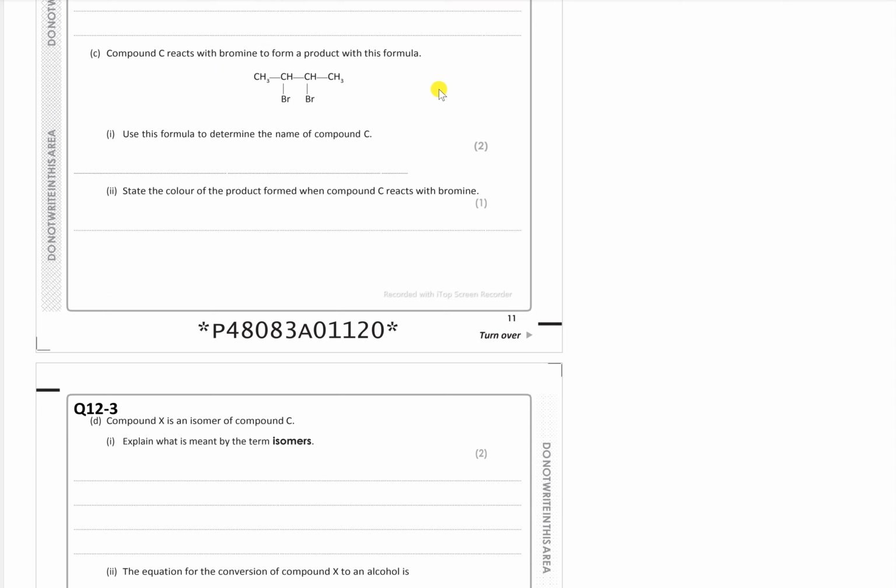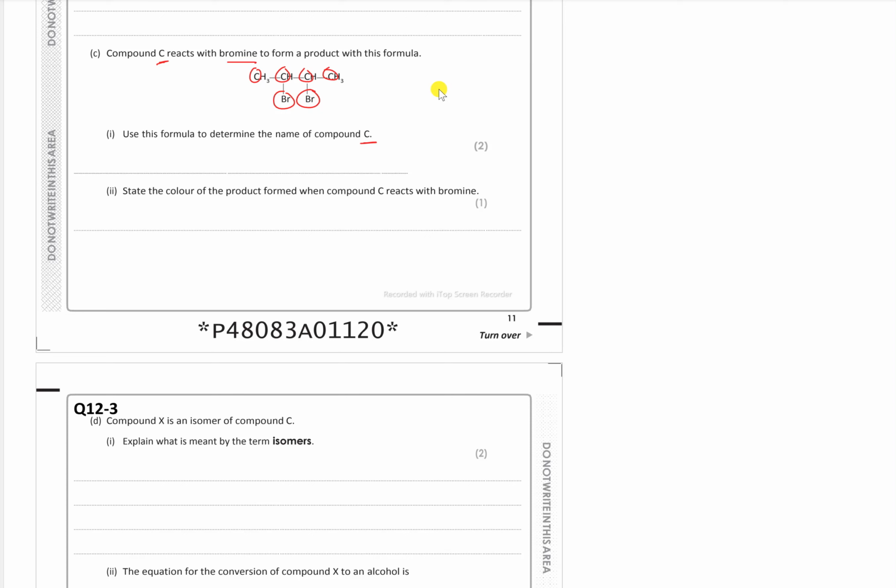You've got this reaction. How many carbons have I got? If I want to work out compound C, it reacts with bromine. There's your bromine. How many carbons have I got? 1, 2, 3, 4.